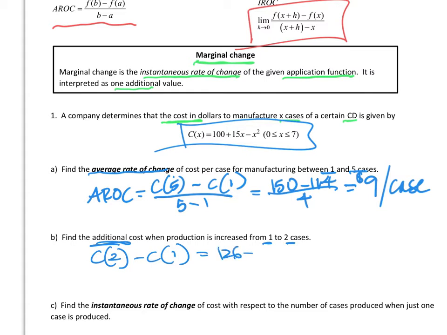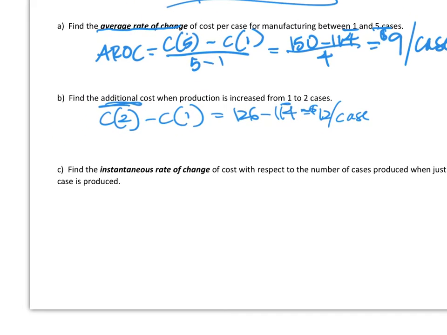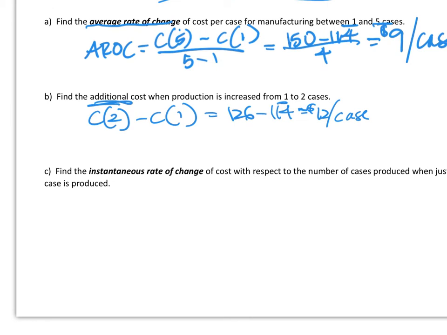The cost at 1 we figured out to be 114. So that difference is 12. And that would be the additional cost to go from 1 to 2 cases, equals $12 per case.